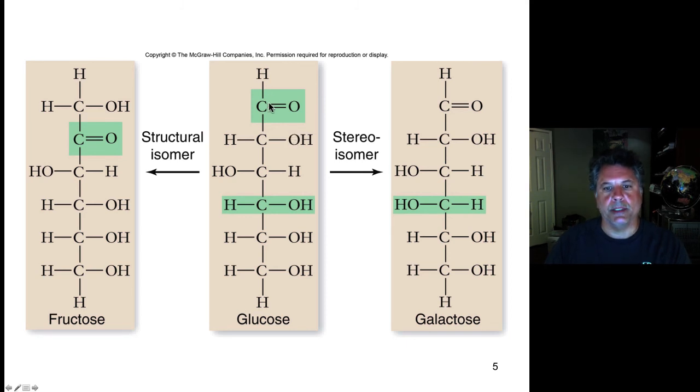Whereas glucose is an isomer of galactose, but they are stereoisomers. You can see that the arrangement in space of the hydroxyl group is different in galactose than it is in glucose. Now, these are not mirror images of each other. They're stereoisomers, but they are not enantiomers.